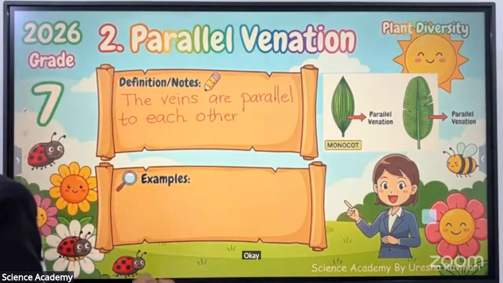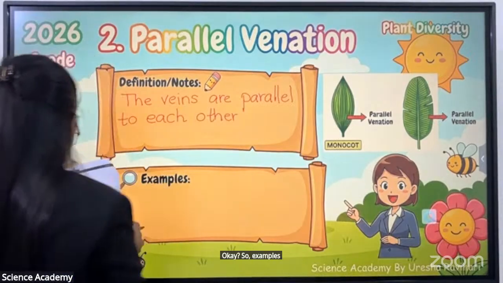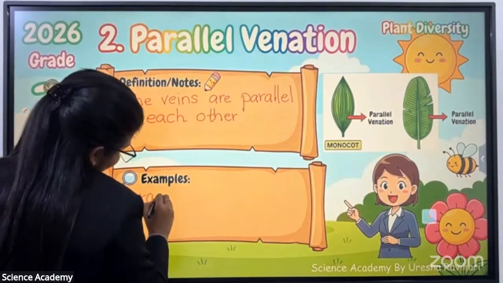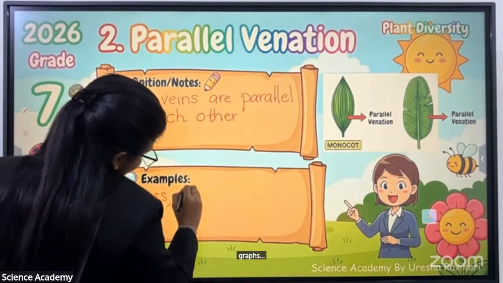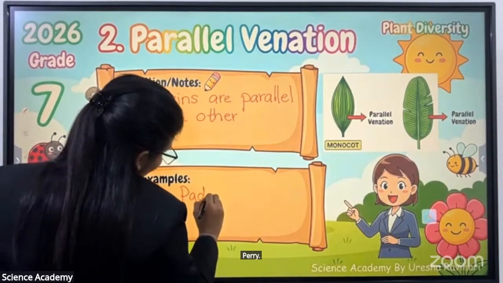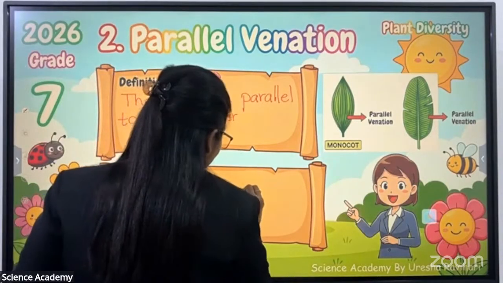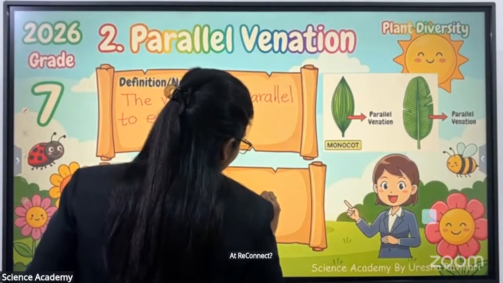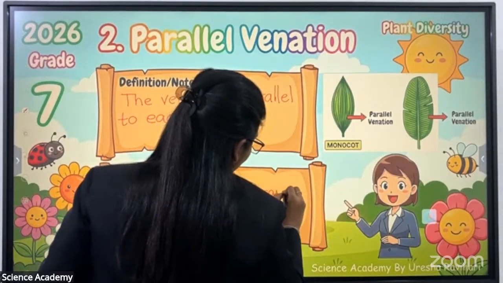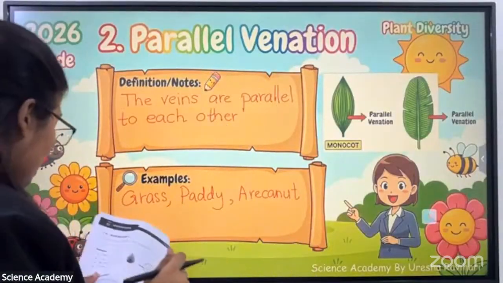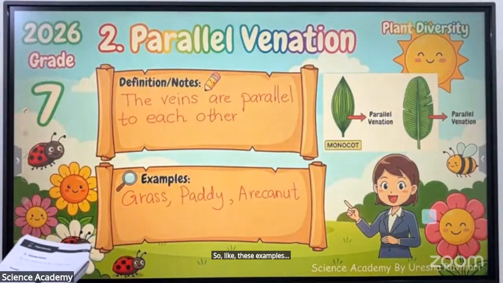Okay. So examples I'm writing: grass, paddy, areca nut, so like these examples.